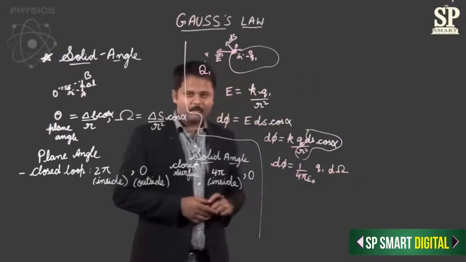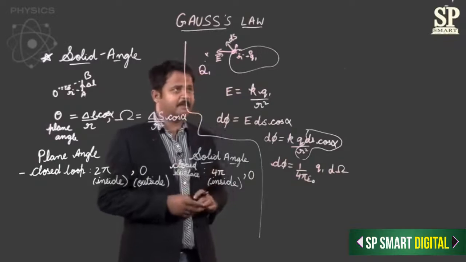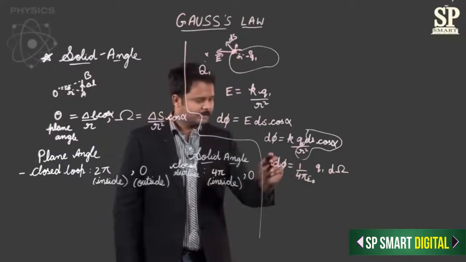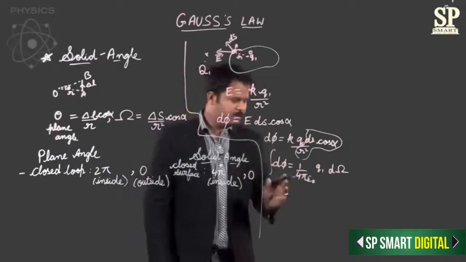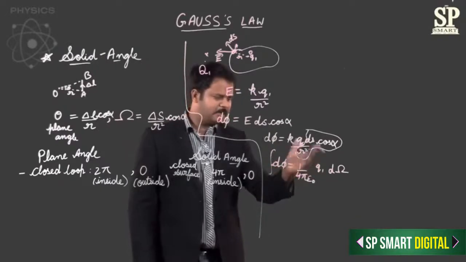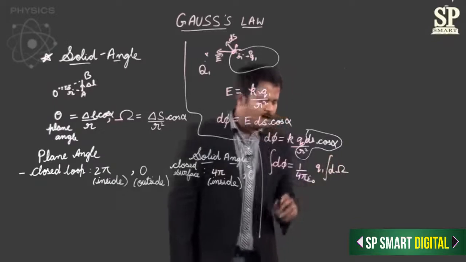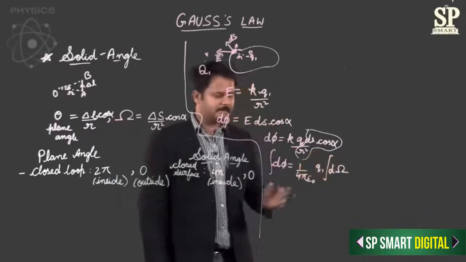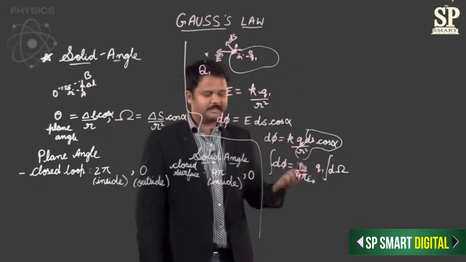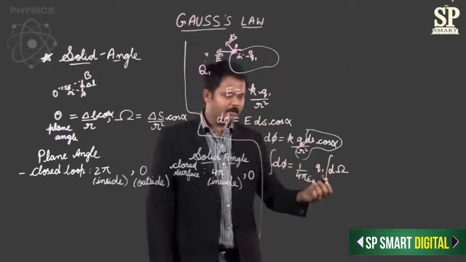Now, if I want to find out the total electric flux, I integrate this equation. 1 upon 4 pi epsilon naught and Q1 are all constants, so they come out of the integration sign. I just have to integrate d omega, and this integration will be equal to omega.